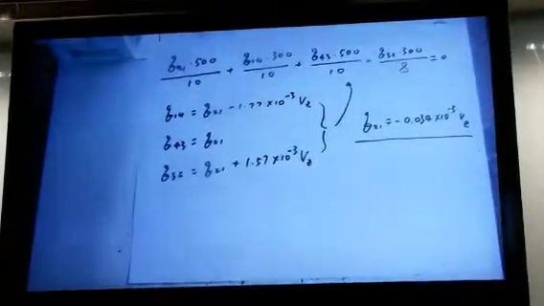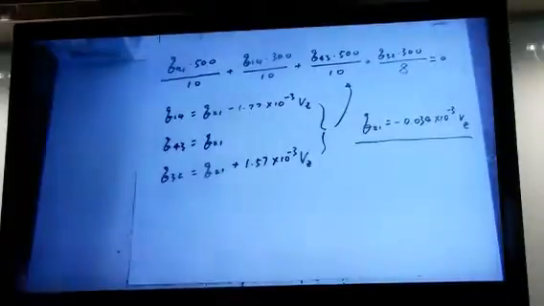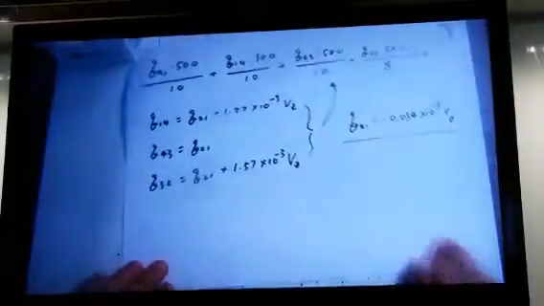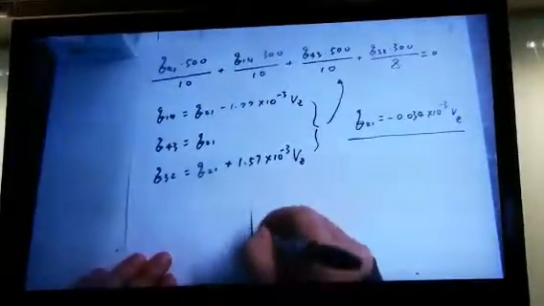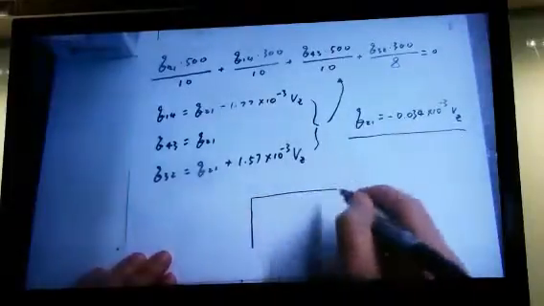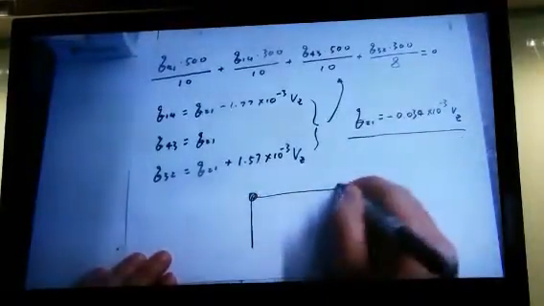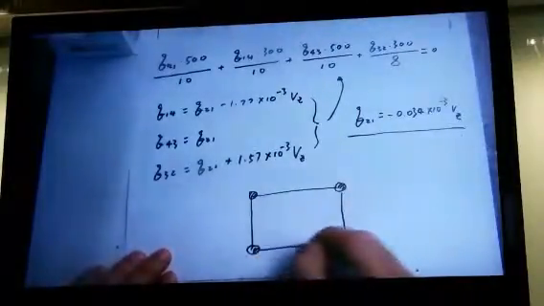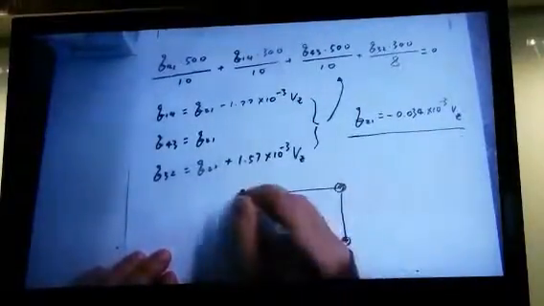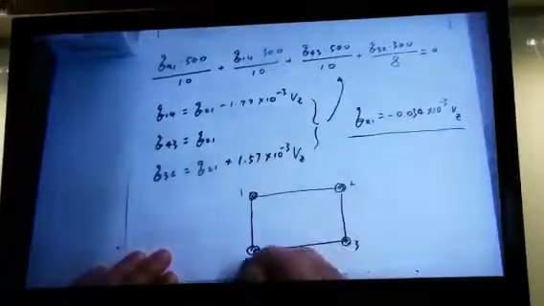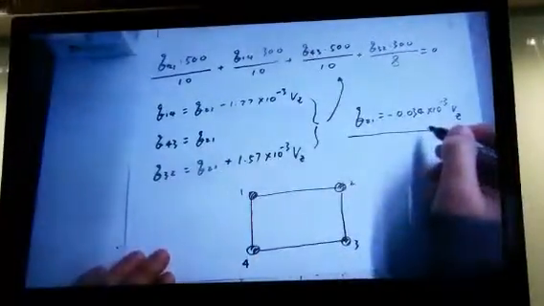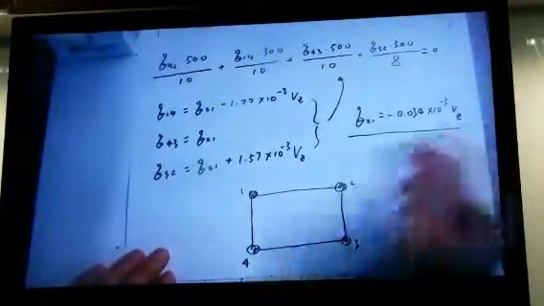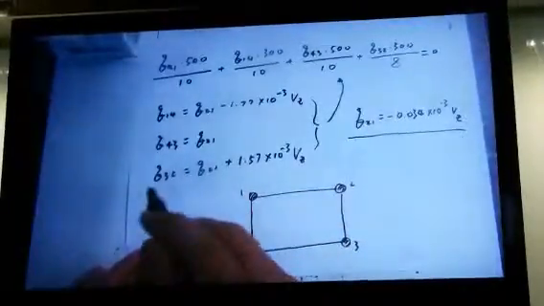And then we can plot the shear flow in that cross section, one, two, three, 4. Q21 is negative something. That means shear flow should be flowing from 1 to 2.